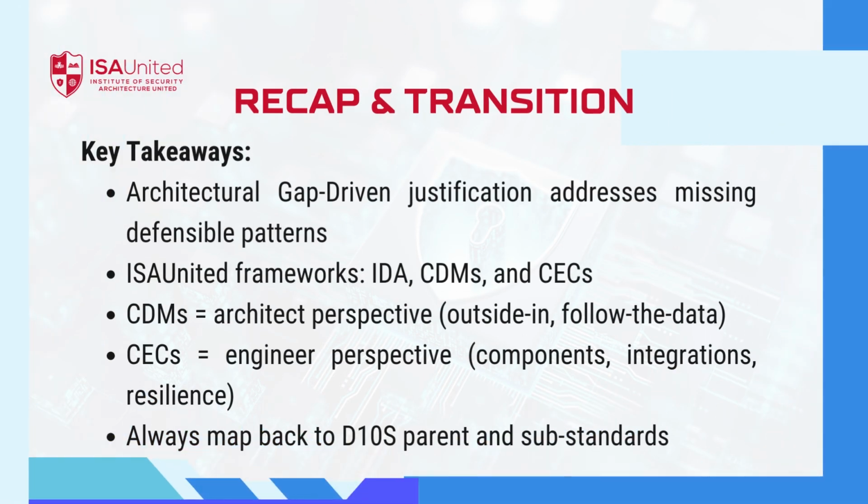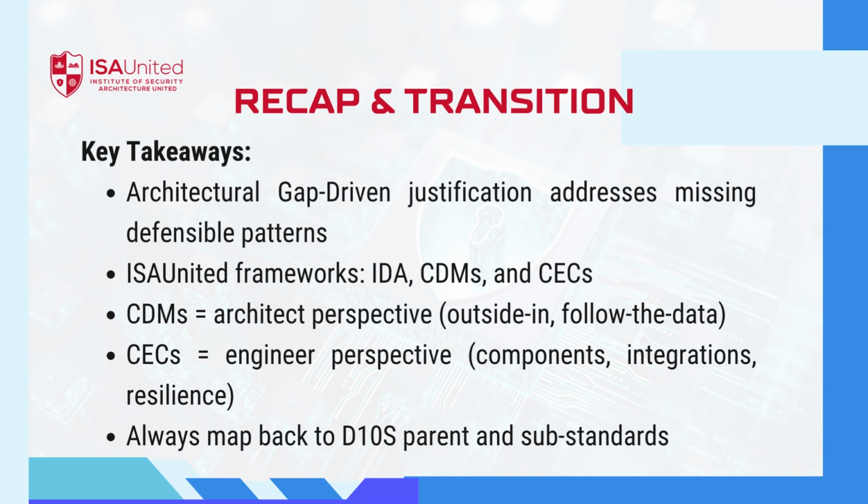Module 4, Recap and Transition. To recap, Module 4 covered architectural gap-driven justification, controls justified by defensible patterns and architectural consistency. ISAUnited's frameworks, IDA, CDMs, and CECs, provide structured methods for identifying and closing gaps. For architects, CDMs highlight missing controls in diagrams using outside-in and follow-the-data models.